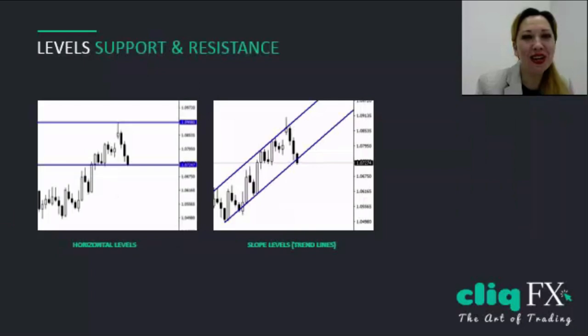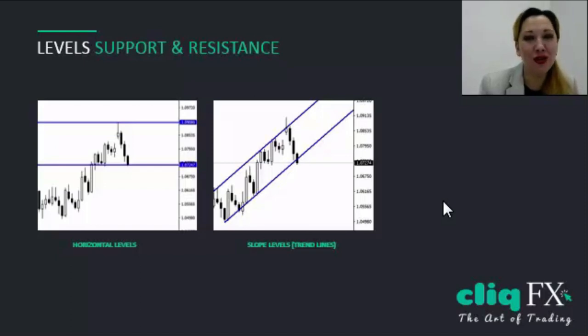Talking about levels of support and resistance, we can divide them into two big categories. First, horizontal support and resistance levels, and second, sloped, which looks like this, or trend support and resistance levels.